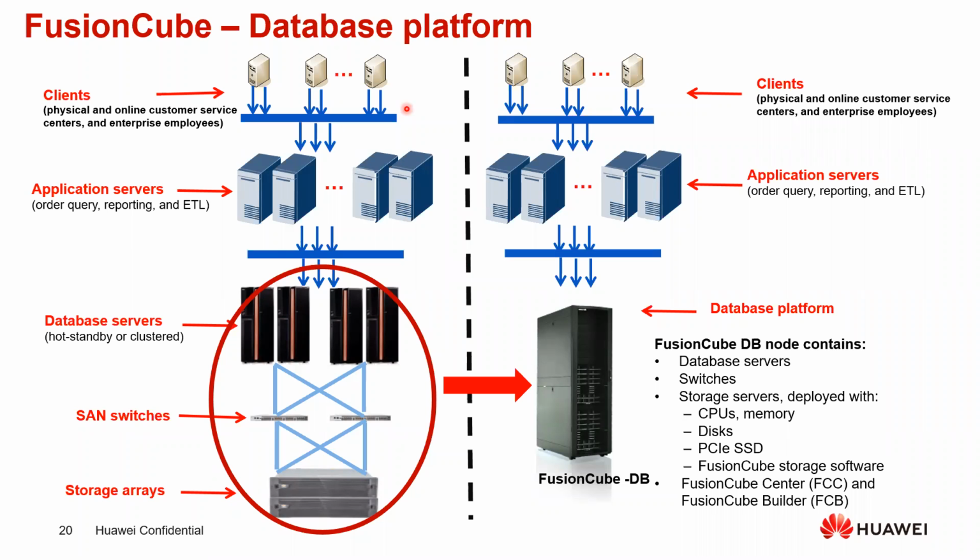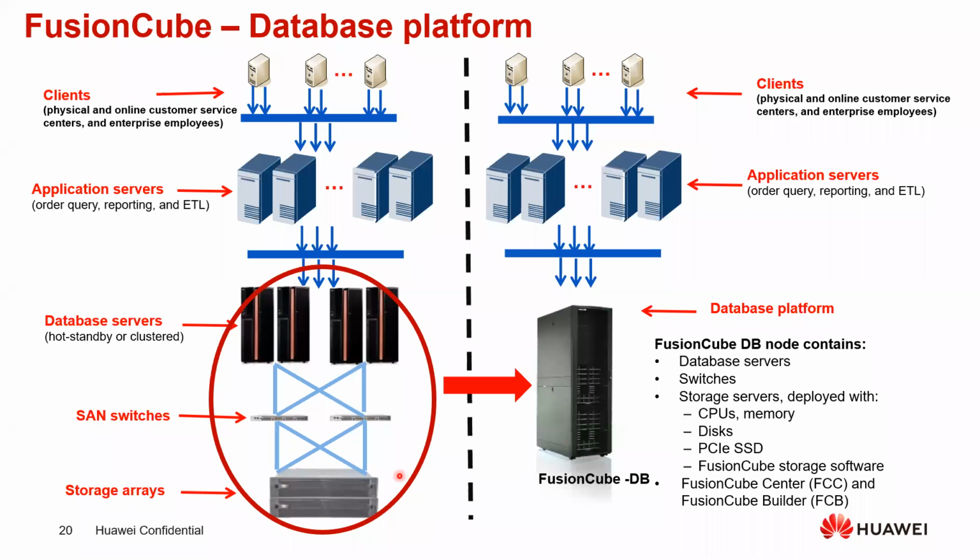The third point is the database platform. In the database platform, we have pre-configured systems, and they can directly host the database services on the same platform and deliver more I/O to the database. So this is a pre-factory configured system.